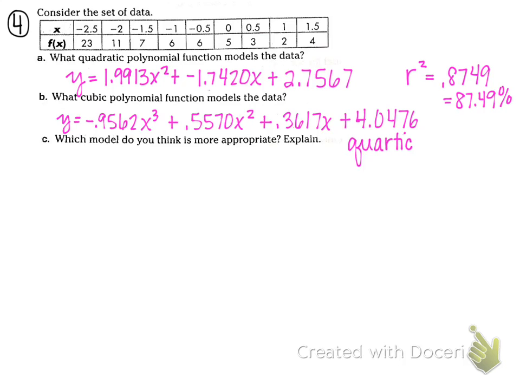Now I'm kind of running out of room, sorry. Now the r squared for this one is 0.9373.